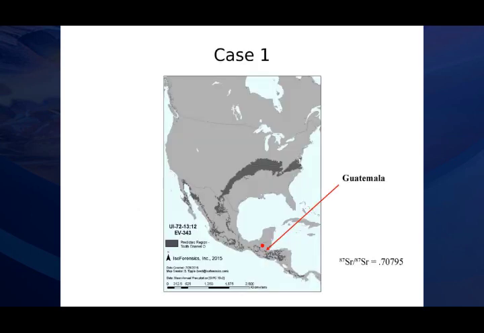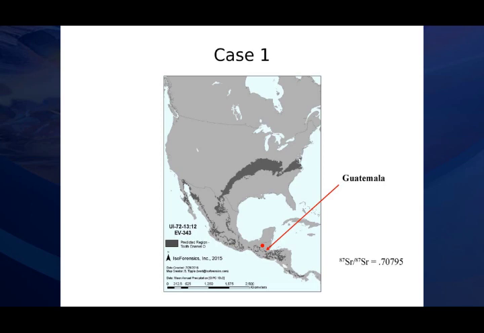A couple of case studies where we've done predictions. So we have one that was done with oxygen isotopes only, and it predicts some areas within the United States, obviously several within Mexico, but it was consistent with the origin in Guatemala where this person was from. But you can see there's a lot of areas that are consistent, so not super useful in terms of really narrowing it down that much.